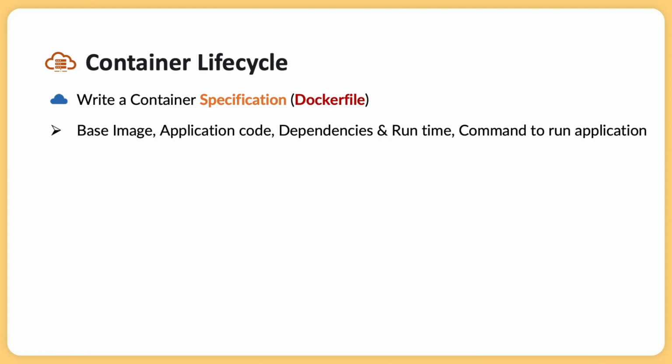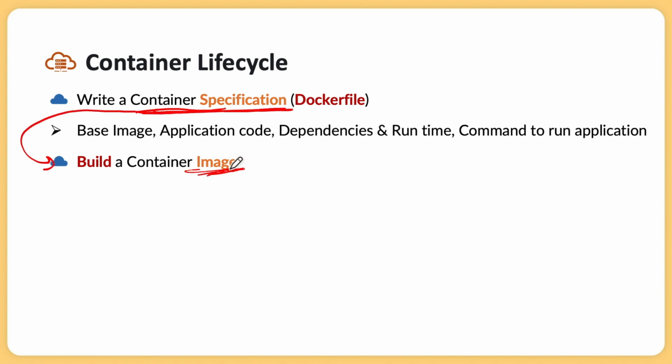Once our container specification is ready, then we can build our container image. Based on the container specification we have defined, we can build our container image. Once a specification is ready, the next step is to build the container image.